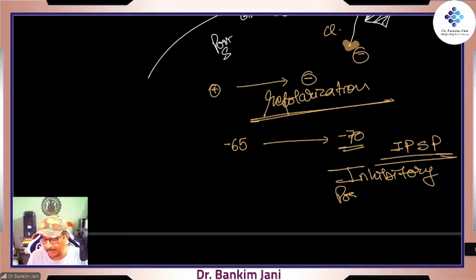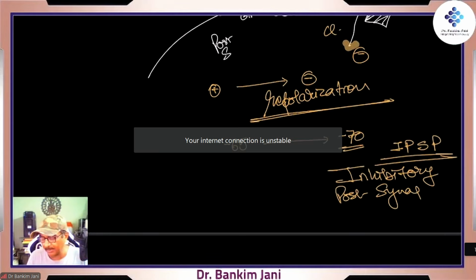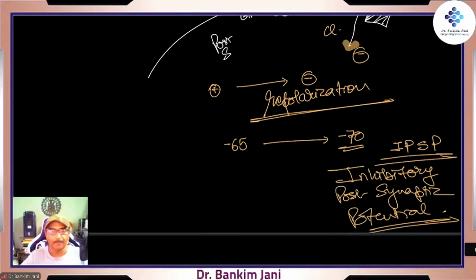Inhibitory postsynaptic potential. How repolarization? Minus 65 to minus 70, more negative, because negative ions are coming. Got it?